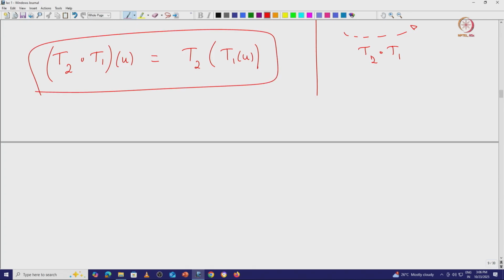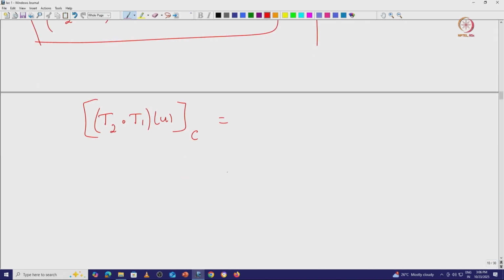We just compute the coordinates of the image with respect to C. So we get T2 T1 of u. The coordinates will be equal to T2 of T1 of u with respect to C. Now we first apply what happens to the operator T2.